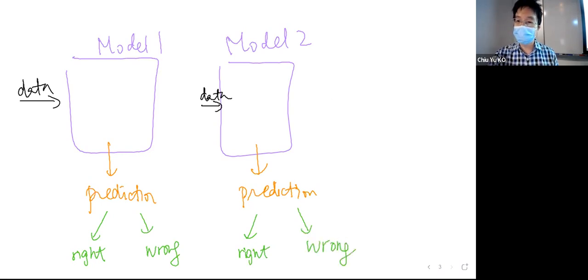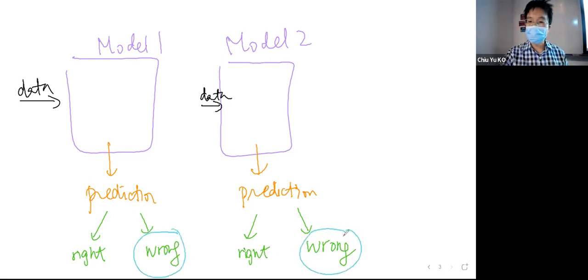And you want to check the variance of these two. The wrong ones, actually we call error. We want to compare the variance of the two errors.